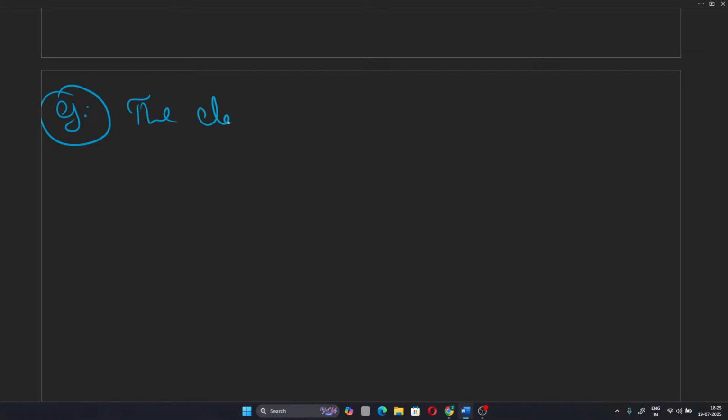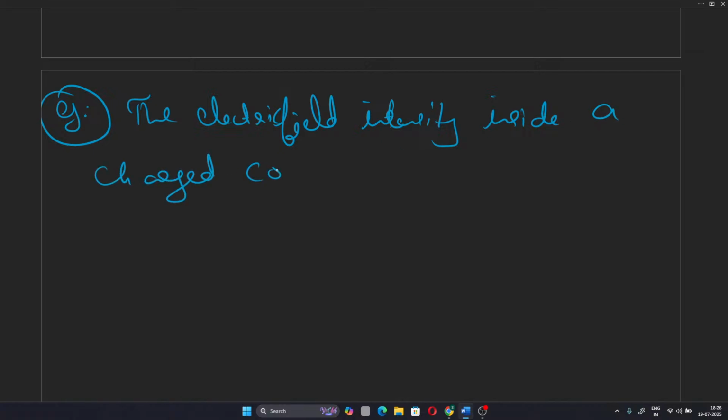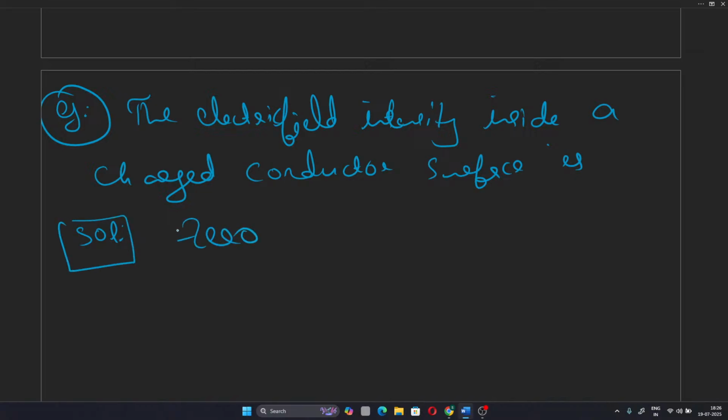The electric field intensity inside a charged conductor surface is, of course, 0. The electric field intensity inside a charged conductor will be 0.